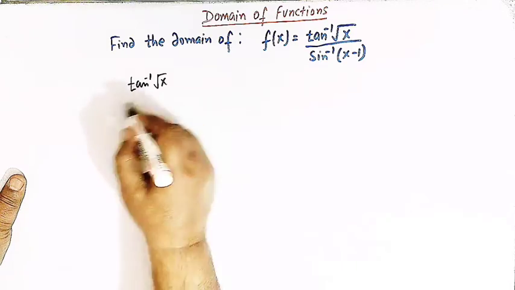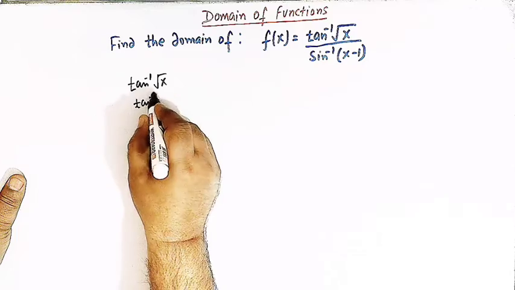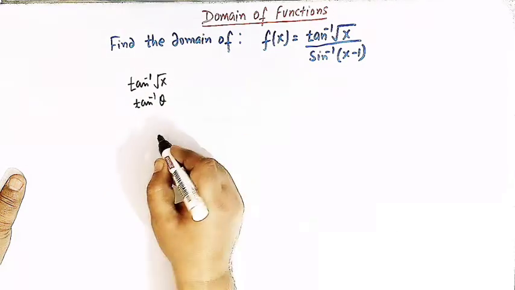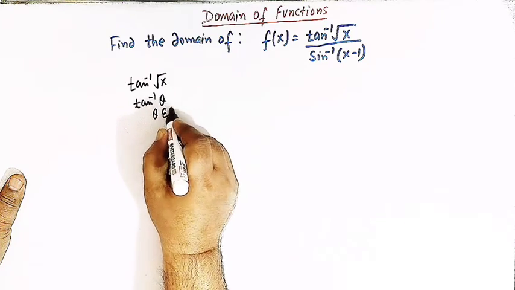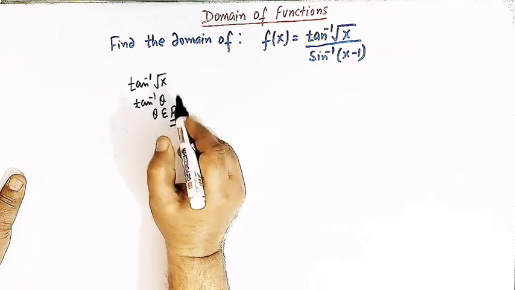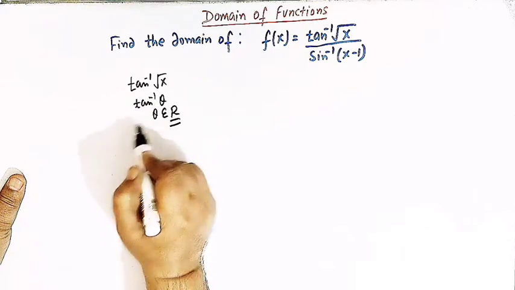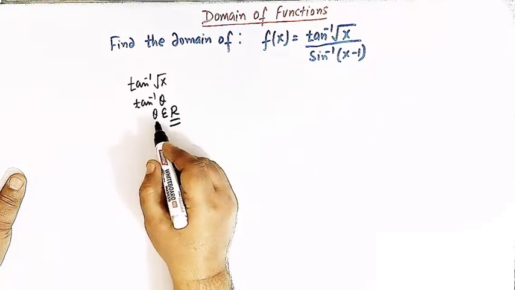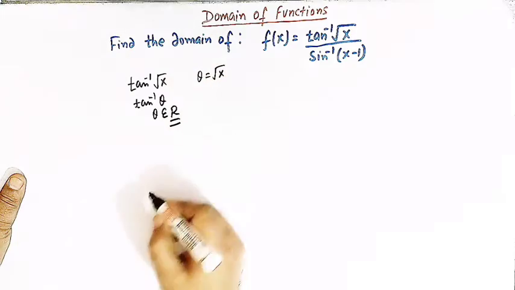Now see, from inverse trigonometric functions, we know that the domain of tan inverse theta is the set of all real numbers, that is theta belongs to the set of real numbers. So whenever we have tan inverse theta, then theta takes all the real numbers. Now here for theta we have square root of x, right?